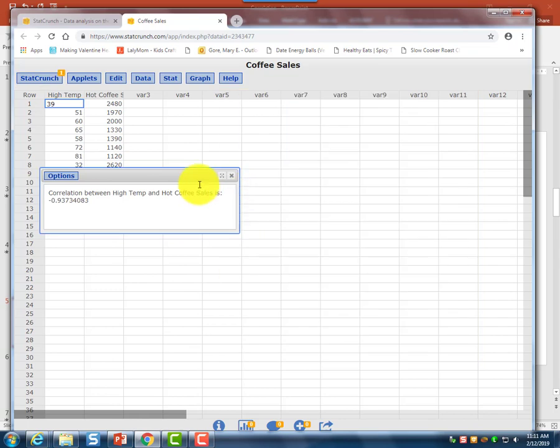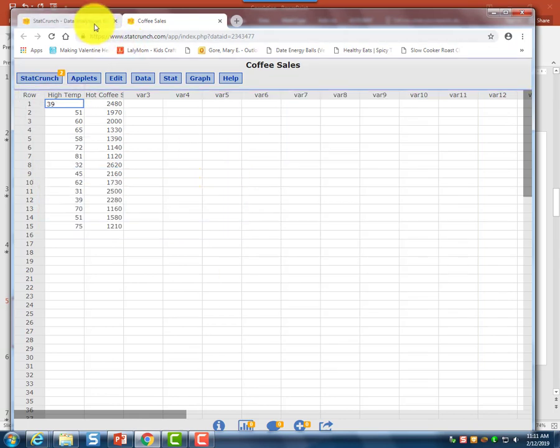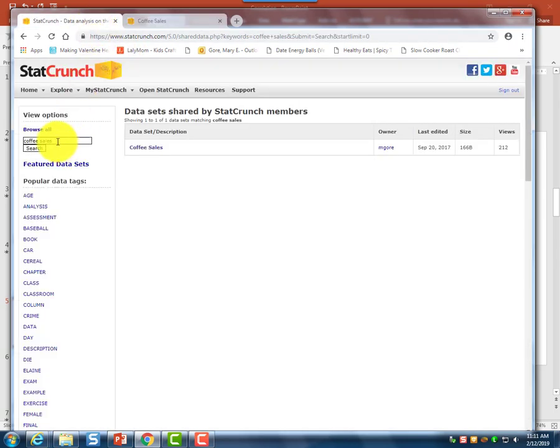Also, while we're at it, we go back here to our search box. We're going to look for our data that we had in our first scatter plot, that is unemployment, and I think if you just put in unemployment and my name, M. Gore, I think that's enough.